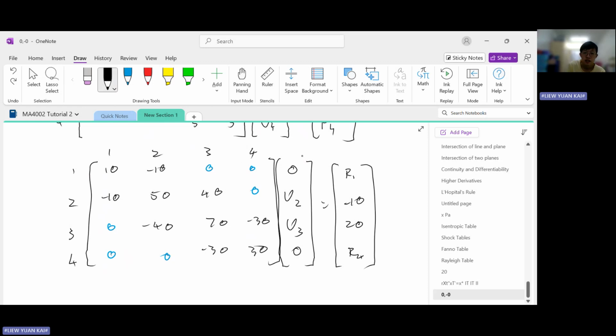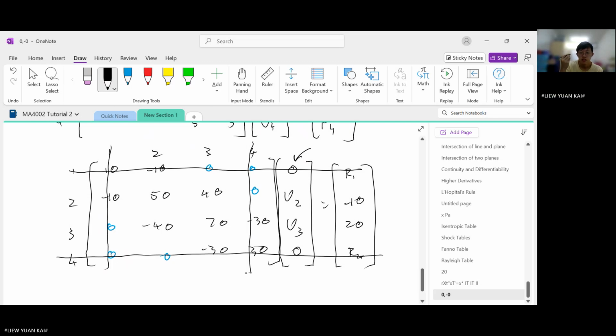Since node 1 has a 0 displacement boundary condition, you cancel row 1 and column 1, because node 1 has a 0 displacement boundary condition. Likewise, for node 4, since it has the 0 displacement boundary condition, you also cancel row 4, column 4.